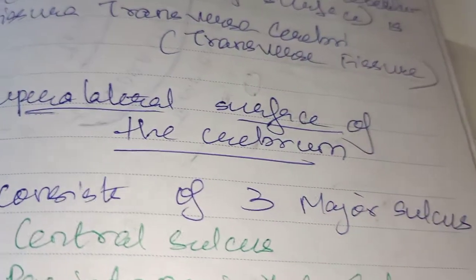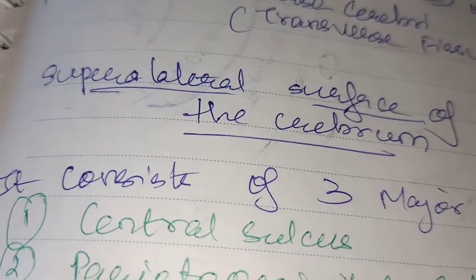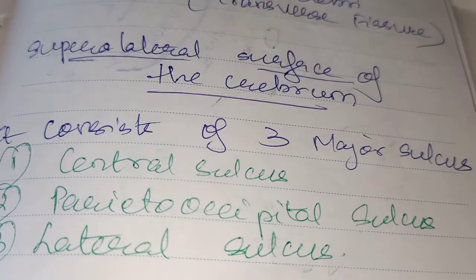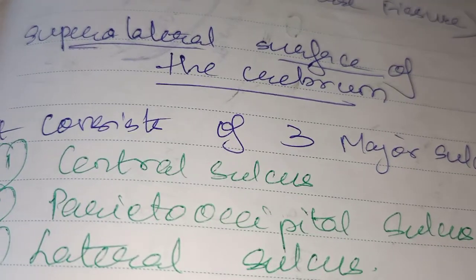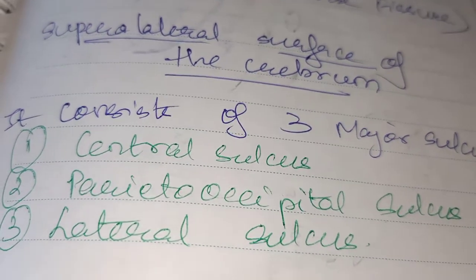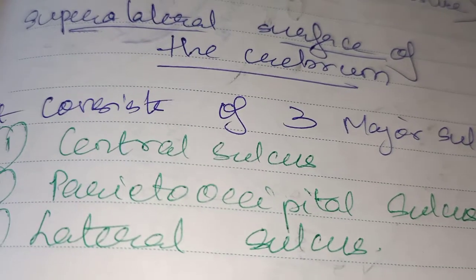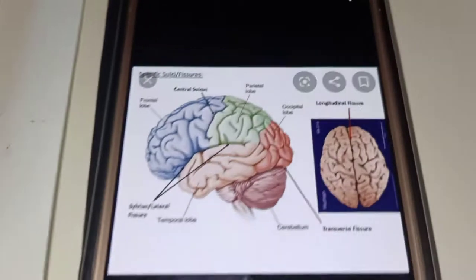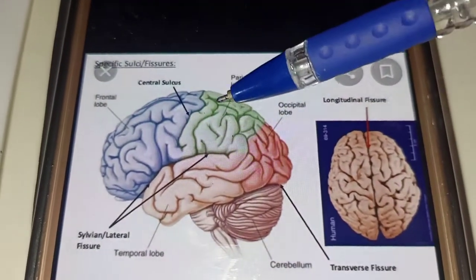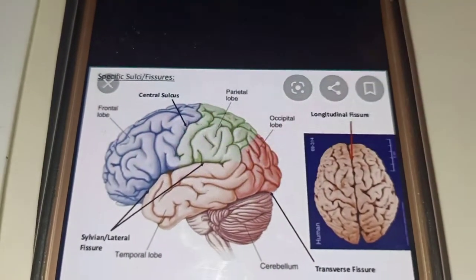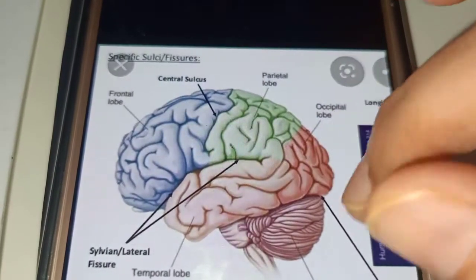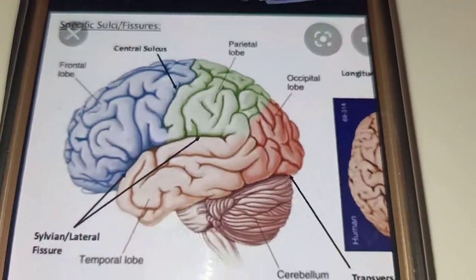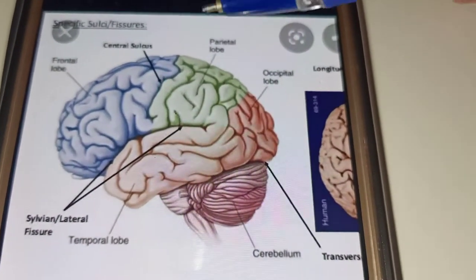Okay. Now we'll talk a little bit about the superolateral surface of the cerebrum. It consists of three major sulci: the central sulcus, the lateral sulcus, and the parieto-occipital sulcus. So this is the superolateral surface of the cerebrum, and it is divided by three important sulci.